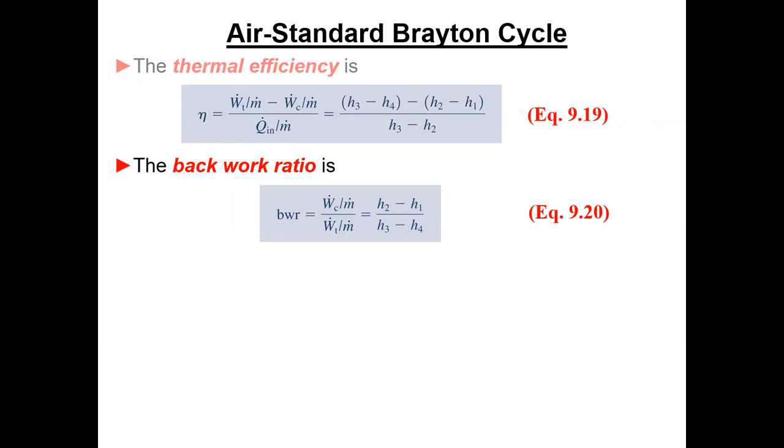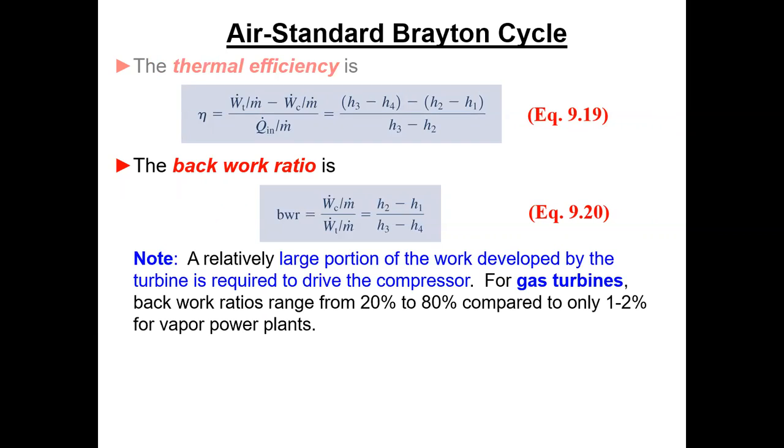And the back work ratio is, so before in the Rankine cycle, we had the pump work divided by the total turbine work. Here, it's just the compressor because we don't have a pump. So the compressor is the parasitic work required to run the cycle. And notice that on the Rankine cycle, that back work ratio was like 1 to 2%, could even be less than 1%, depending on the particular problem.